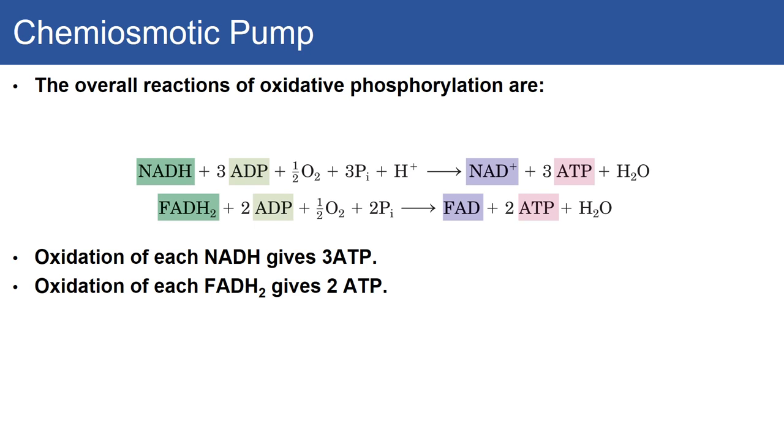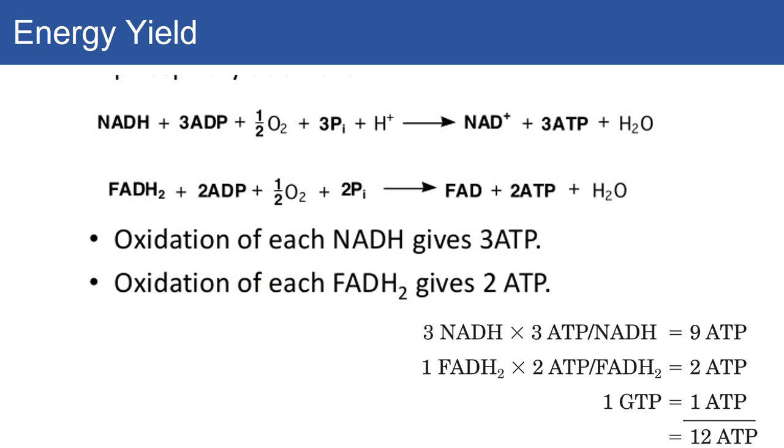And that allows for a large number of ATP to be produced on the fly. Again, the total energy created is 12 ATP. So at the end of the day, that's for each 2-carbon acetyl unit entering the citric acid cycle.